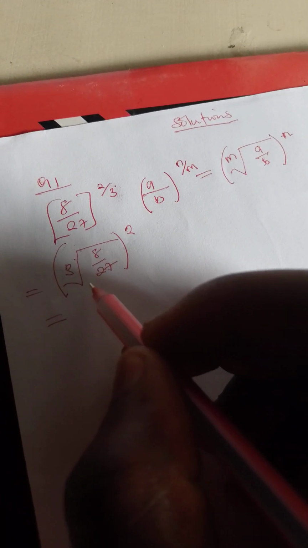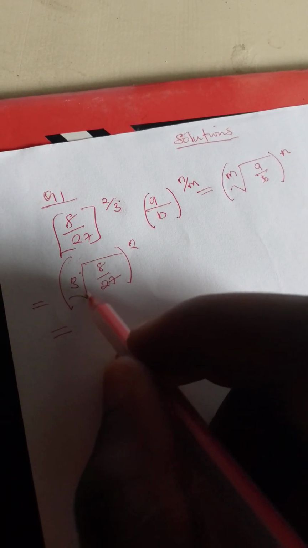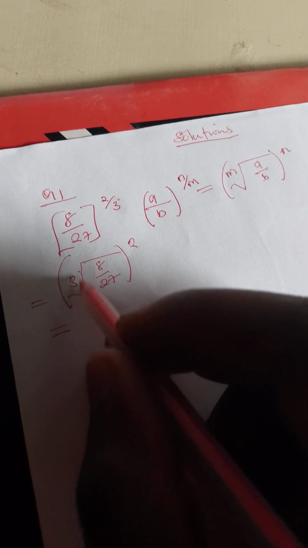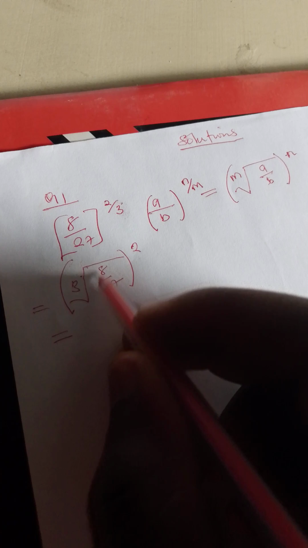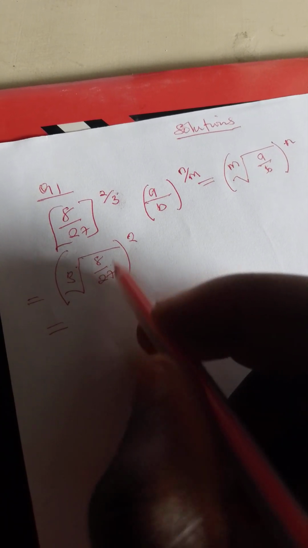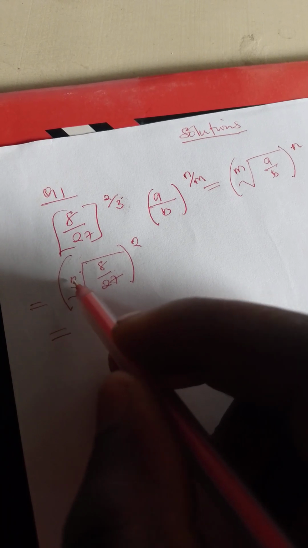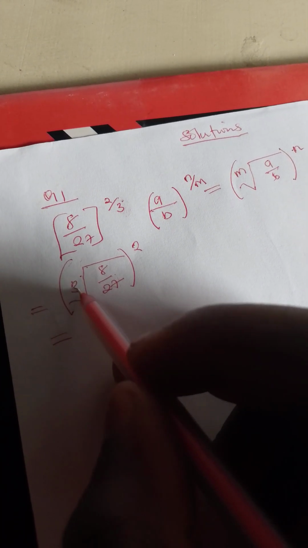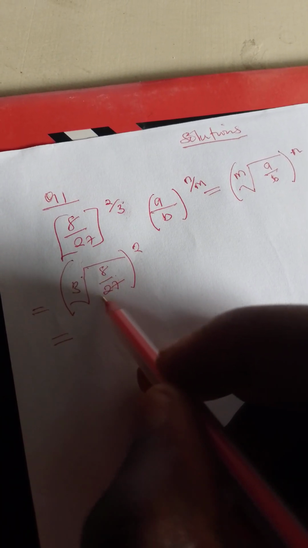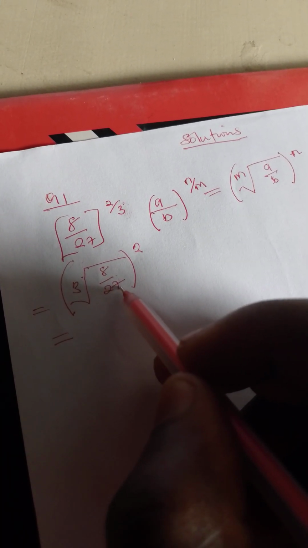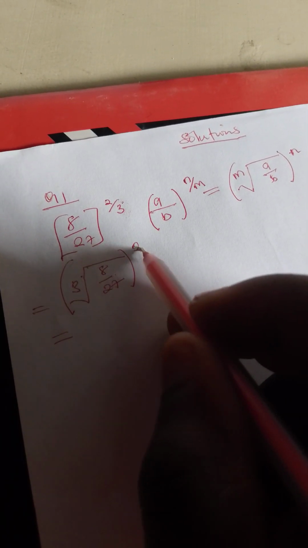When you reach this stage, what does this 3, the root, tell you? It means you are going to find the number which, multiplied by itself 3 times, gives you 8, then the number which multiplied 3 times gives you 27. Then those numbers you raise to power 2.